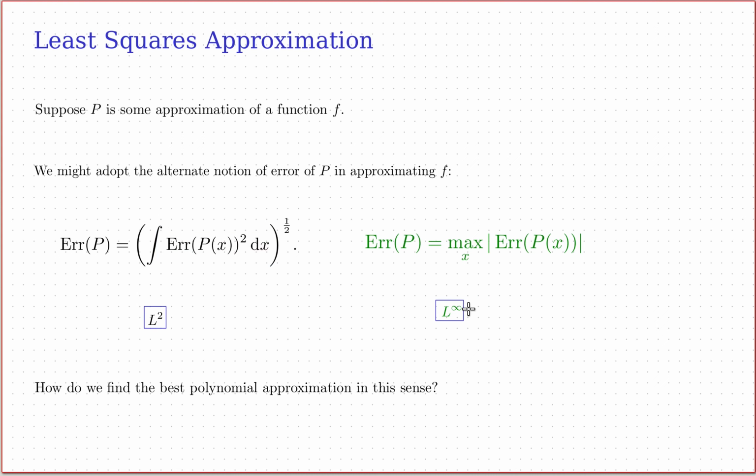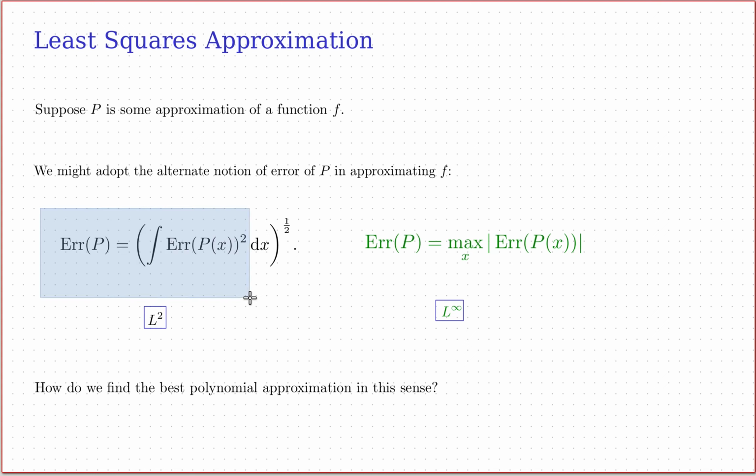L infinity is a little harder to explain, but it turns out that this notion of error, the maximum error, it's a little bit like replacing the power here with infinity and then taking the infinite root, if you can imagine such a thing. So you actually have to take a limit. So it's a little harder to explain, but there is a sense in which this notion of error, taking the maximum error that occurs anywhere, is a little bit like replacing the power 2 here by infinity.